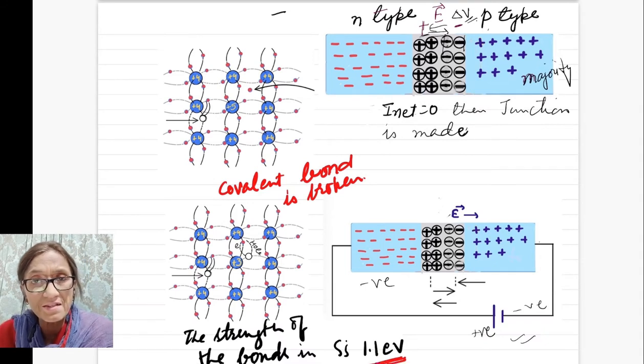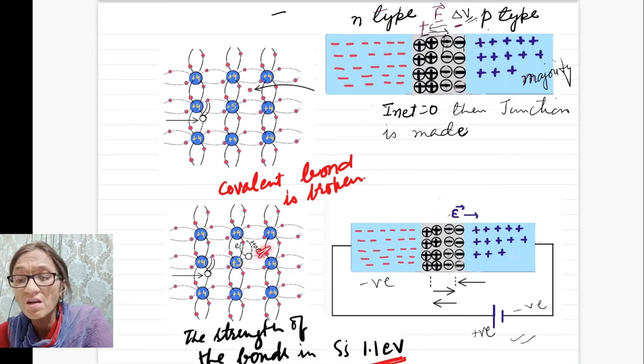When you dope with any trivalent impurity atom like aluminium, which has 3 valence electrons, you will find that it makes covalent bonds on all sides, but a vacancy is left behind over here.